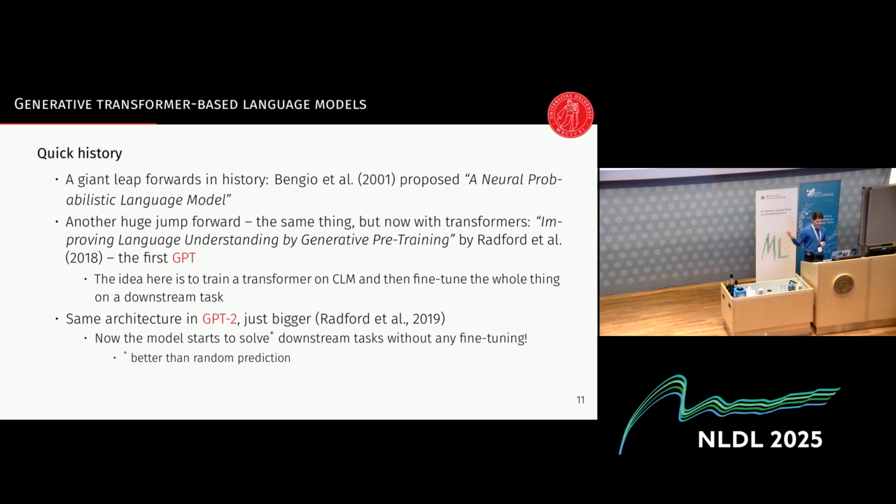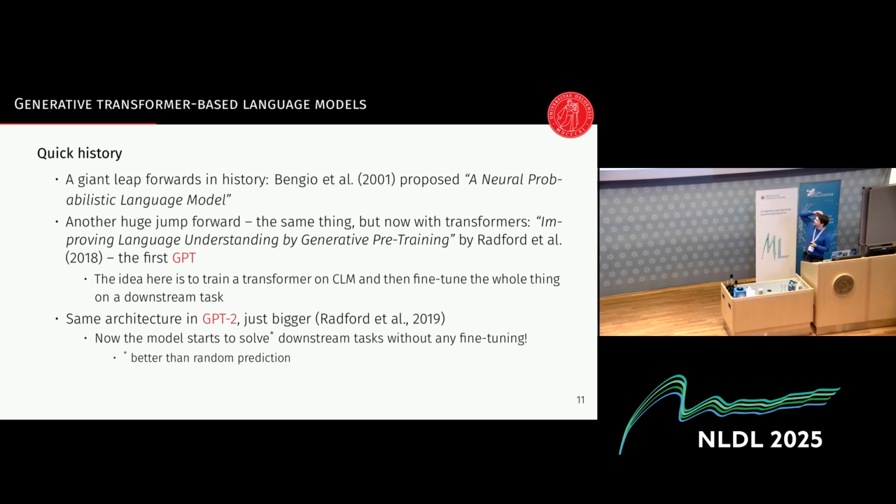Many works followed after that, but the important one for us is the first GPT paper, which basically did pretty much the same thing as Bengio, but they used the transformer model as the backbone, and trained it on a much larger corpus of data than before and with much more compute. By this, they trained a very good language model that they showed can be used for fine-tuning tasks, and it performs much better than all the previous approaches.